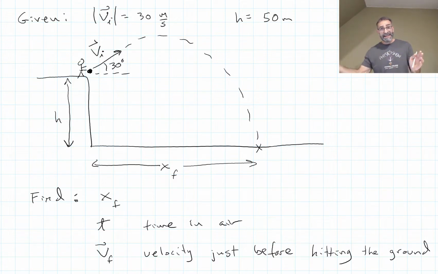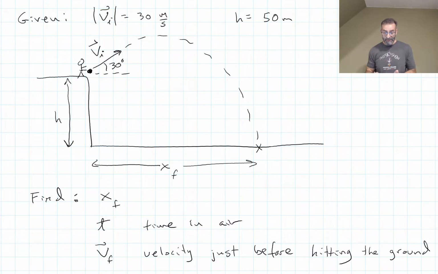We can't go from the beginning with it still in our hand and then in the air and then touching the ground. We have to break it up. There has to be constant acceleration. That means the split second after it leaves our hand to the split second before it contacts the ground.